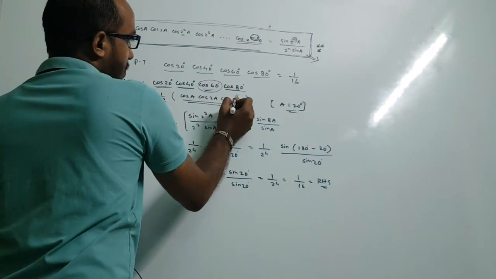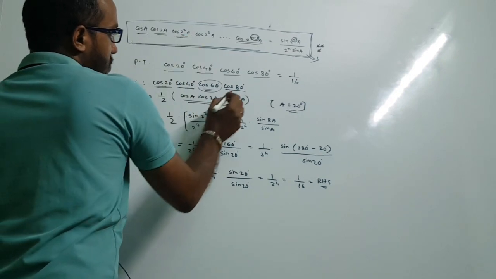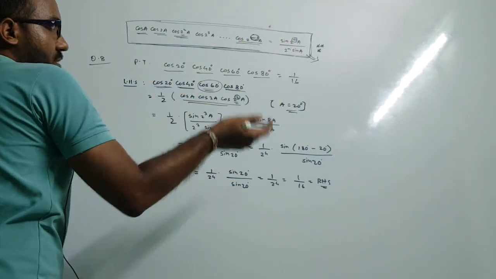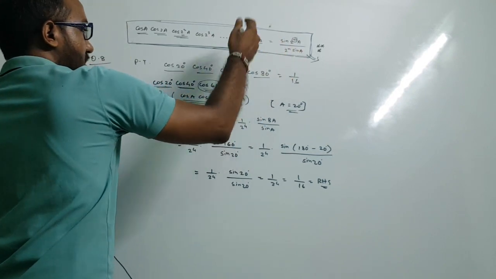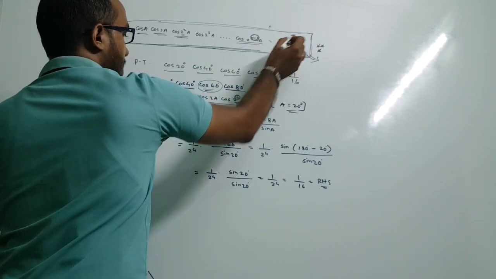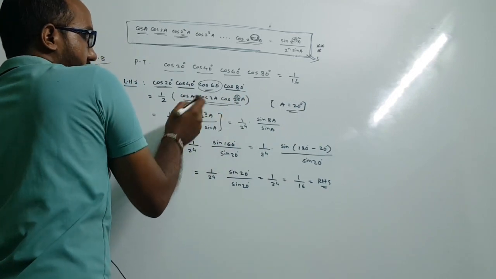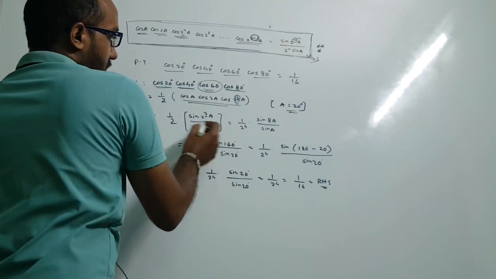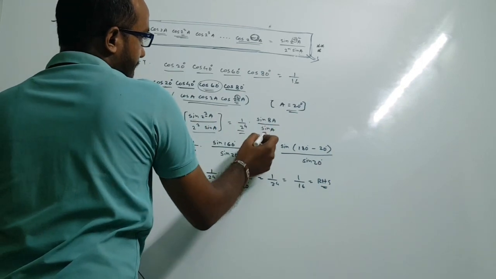So we are ending with cos A, cos 2A and cos 2 square A. So when we have 2 here, in the formula we will have 2 plus 1, that is 3. So sin of 2 to the power 3 A by 2 to the power 3 sin A. After calculating this, 2 cube is 8, this is sin 8A by 8 sin A.